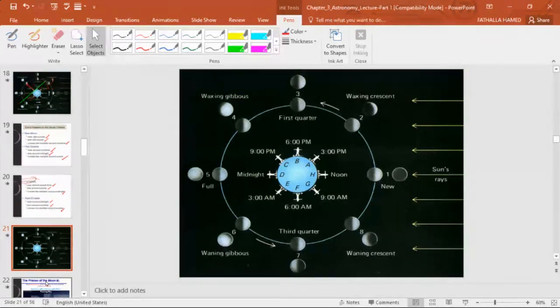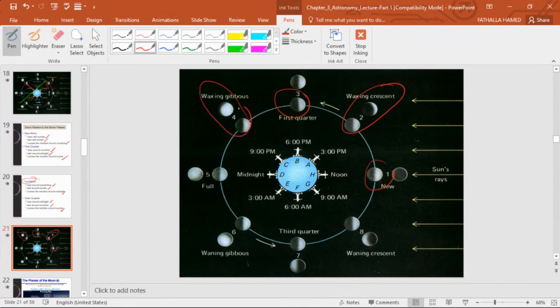And you basically can make a clock like this, where, as I told you, you decide on the phase. So you start with the new moon, then midway between a new moon and first quarter, you put waxing crescent, and then between first quarter and full moon, you put waxing gibbous, and then between full moon and third quarter, you put waning gibbous, and then between third quarter and the new moon, you get the waning crescent.